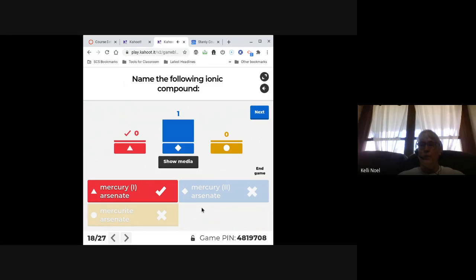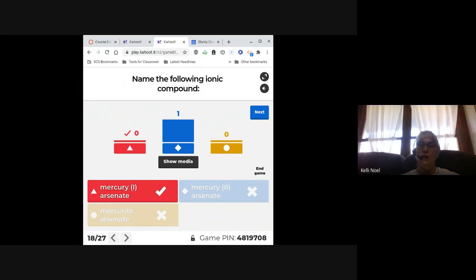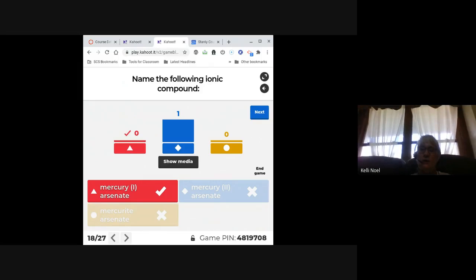Again, you would have needed to crisscross, or done the reverse crisscross with the subscripts, and it would have been mercury with a charge of 1, so mercury(I). It would never be the yellow one because you don't change the first element's name. The first element is always going to be its original name.